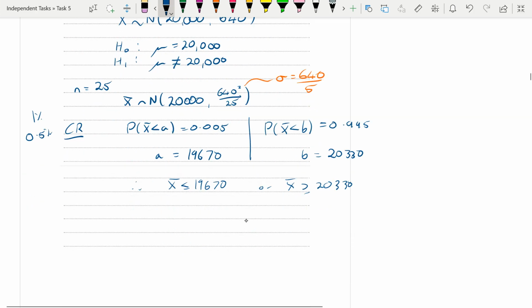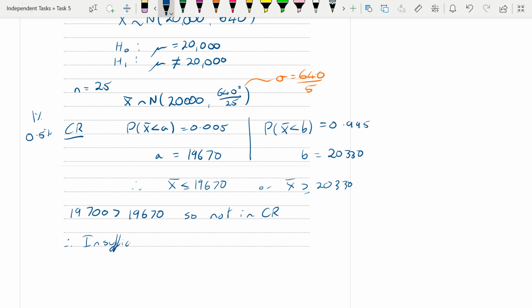Okay, I'm going to say 19700 is greater than 19670, so not in critical region. Okay, if it's not in your critical region, there is insufficient evidence to reject H0. Okay, and then I need this context.